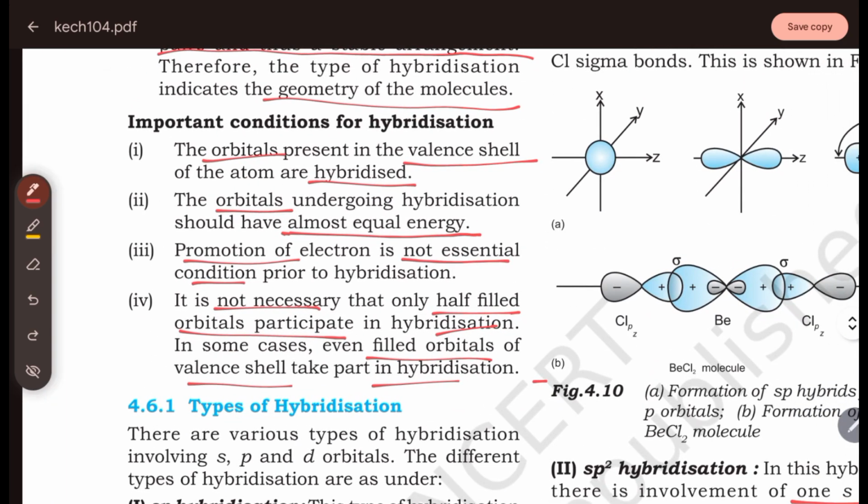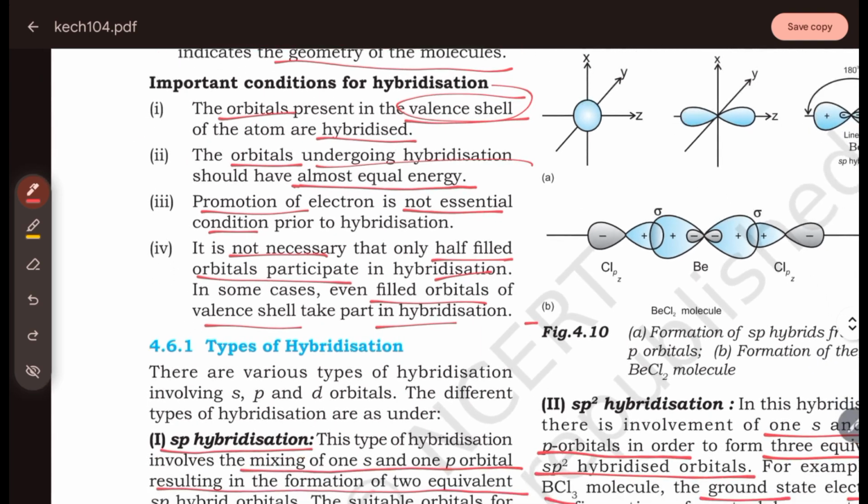So the orbitals present in the valence shell of an atom undergo hybridization. And the orbitals undergoing hybridization should have almost equal energy. Remember that from a ground state electronic configuration, promotion of an electron is not always an essential criterion. An electron may get promoted or may not.